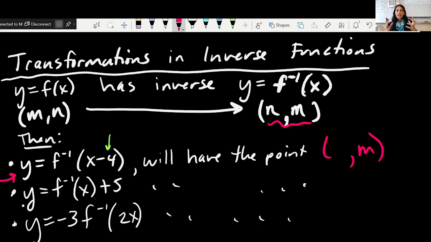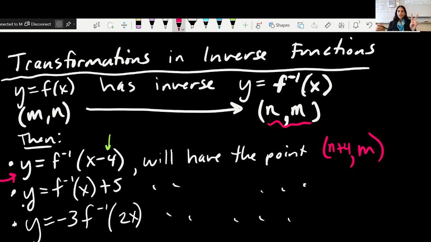Instead of n, what's the new x value going to be? N plus 4. Make sense? So it's really just one new step, but everything else is the same as the stuff we've been doing.